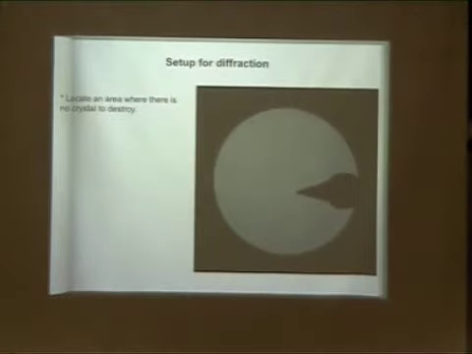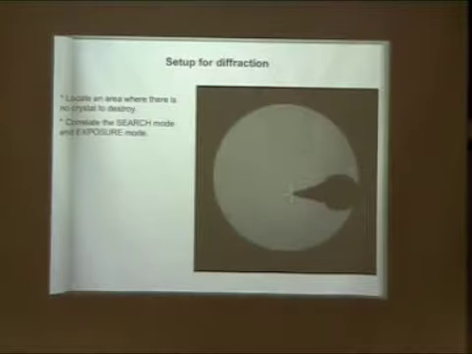Then you go to your search mode, and you burn a burn mark in your search mode. You can see that this burn mark is actually burned in the exposure mode. So this is your beam size, and this is roughly the center of your beam, right? So anything inside this beam will be generating a diffraction, right, contributing to forming diffraction.